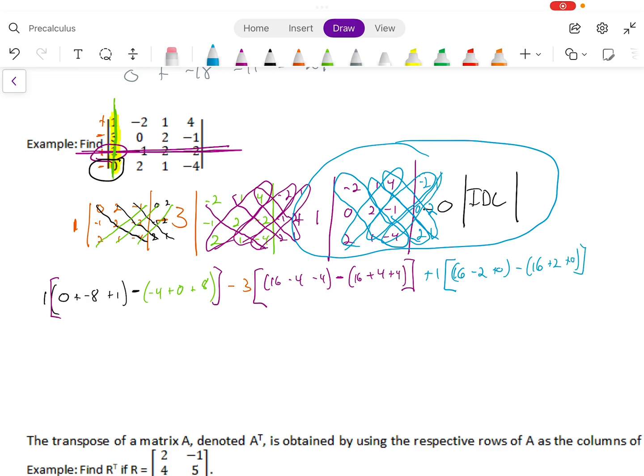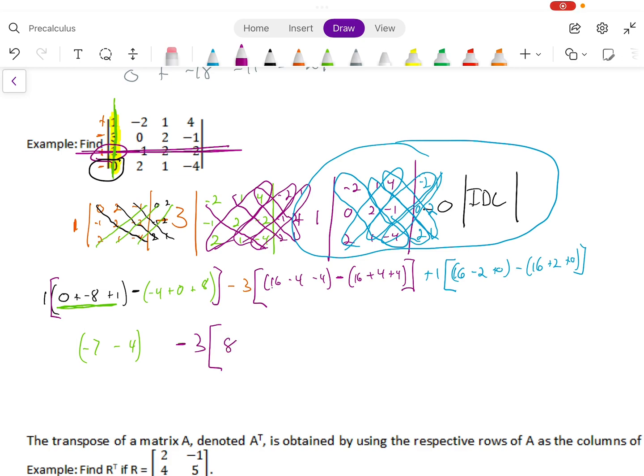And we're almost finished. So now we just have to do some adding and multiplying. So this one we have 1, so we don't even need that 1 there. We have -7 minus 4. Then we have -3. And we have 16 minus 4.